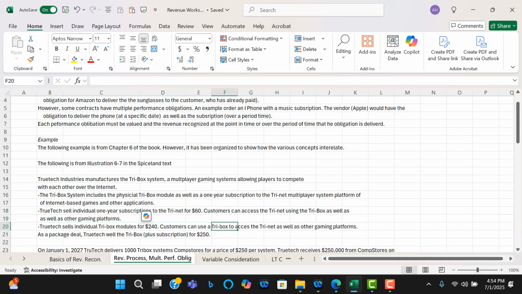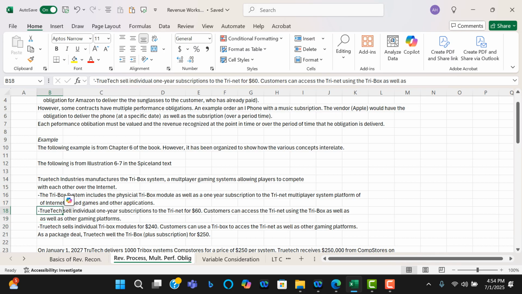So you can use their own box to access TrueNet, but you can also access other gaming platforms with it. So both the system itself and the box itself are very, very flexible.